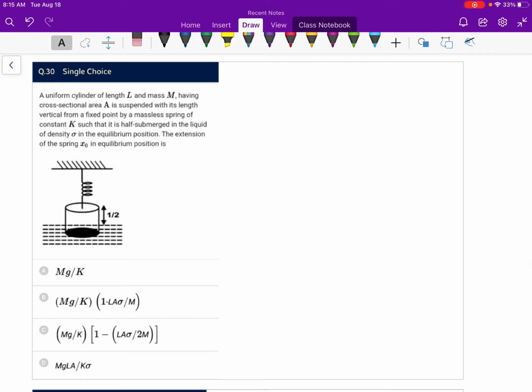The extension of the spring is X0 in equilibrium, such that the block is half submerged in the liquid. On the block, Kx0 force acts upward, buoyancy force acts upward, and mg force acts downward. So in equilibrium, Kx0 plus buoyancy force is equal to mg.